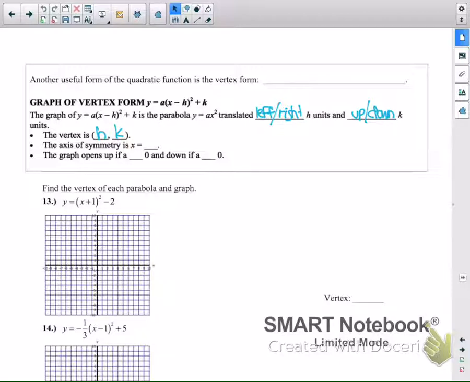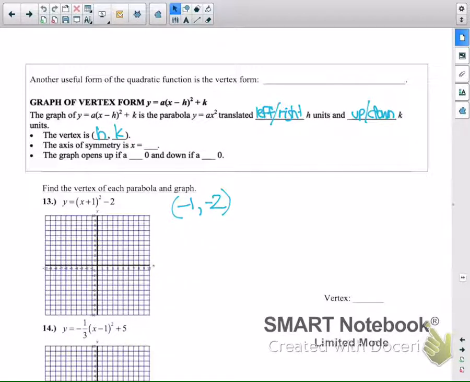Notice, though, in the formula, the H has what sign in front of it? A negative. That means when you pull the H out, it's going to be the opposite of what it looks like. So for question 13, what's going to be my vertex? -1, -2. You only change the sign of the one in the parentheses because that negative that was already in the equation makes it the opposite sign.